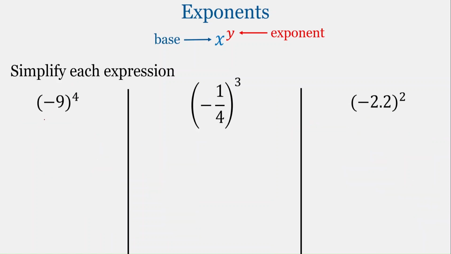Now let's look at examples where our base is negative. So for this first problem, we have -9 raised to the 4th power. And these parentheses matter because they mean that it is -9 we are multiplying 4 times.